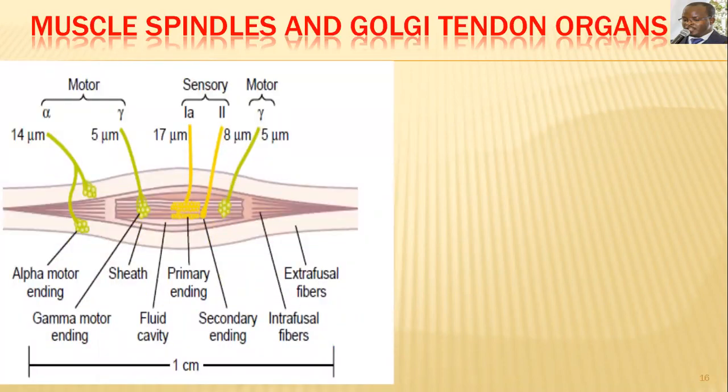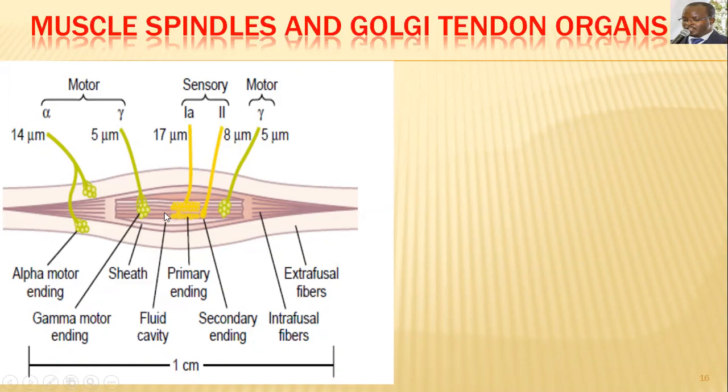This picture is showing us details of the spindle fibers. You can see the muscle spindle has sensory innervation and also motor innervation. You can see the sensory nerve fibers that are innervating the muscle spindle.